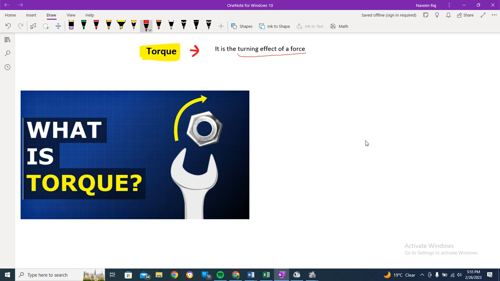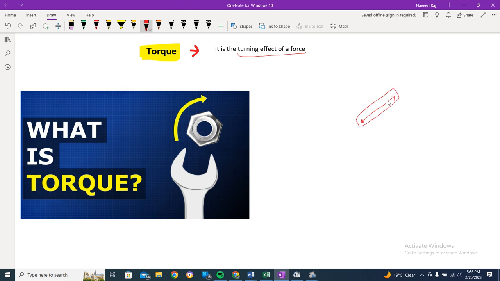Suppose we have a point over here, and this is attached over this, and this is the axle in which it rotates.